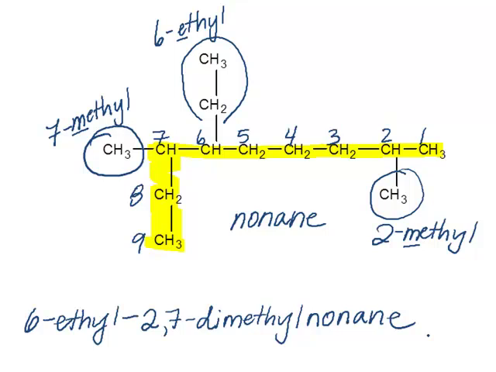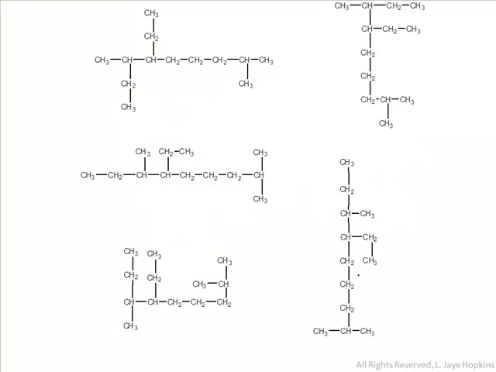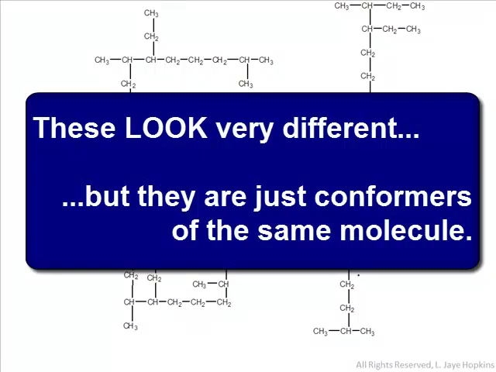I want to show you one other aspect of IUPAC nomenclature that you may not appreciate. This is a molecule of 6-ethyl-2,7-dimethylnonane. So are these. Here's all the other ways I could write out that molecule simply by rotating single bonds, which doesn't change anything about the structure.